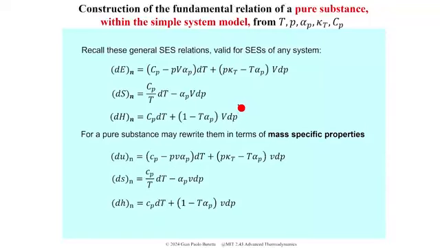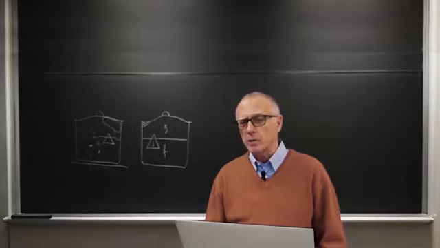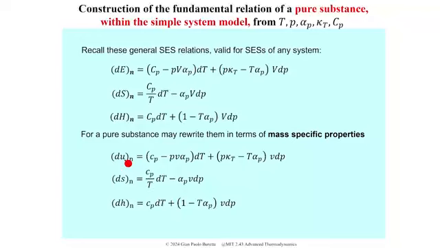If we have a pure substance, for example, we could simply divide by the mass that we have in our system. And so we can rewrite E as little e, which I write U because we said that we use the letter U for energy, just to remind ourselves that we are within the simple system model.